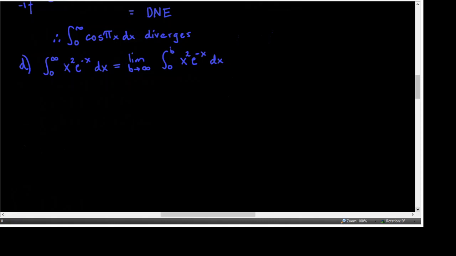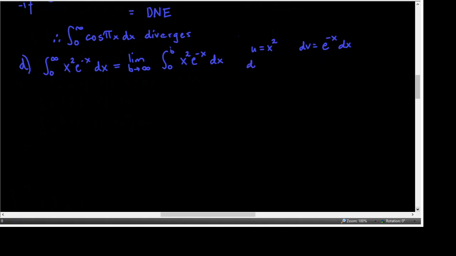All right, so for this one, if I let u be something and dv be something, I'll pay attention to detail and choose my dv to be the exponential function e to the opposite of x dx, which leaves x squared to be my u.